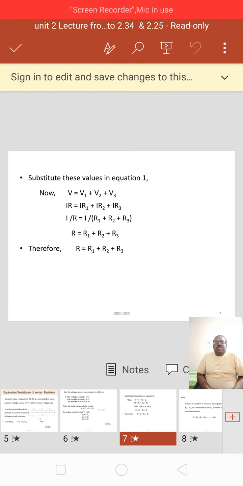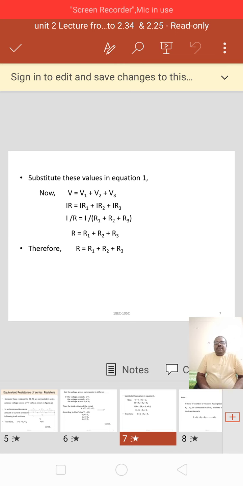Substitute these values in equation 1. Now V equal to V1 plus V2 plus V3. By placing the values in this equation, we get I R equal to I into R1 plus I into R2 plus I into R3. By separating the common part, we get I R equal to I into R1 plus R2 plus R3.